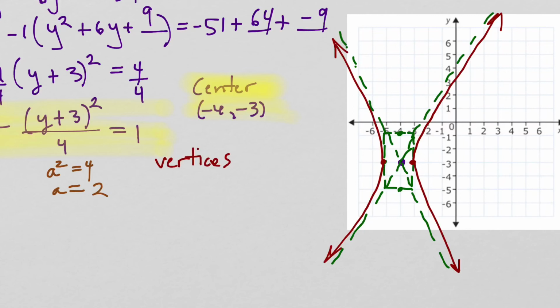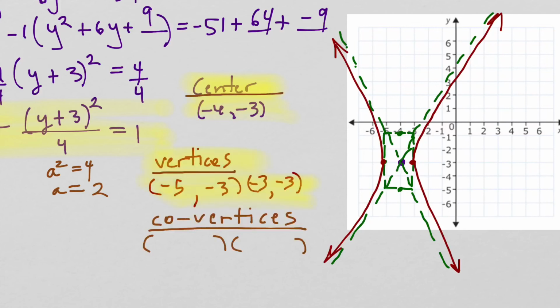The coordinates of those would be in line with the center, of course, so the y coordinate is going to be -3 for both of those. And then the x coordinate on this one is -5, and on this one is -3. Alright, so we have the vertices.